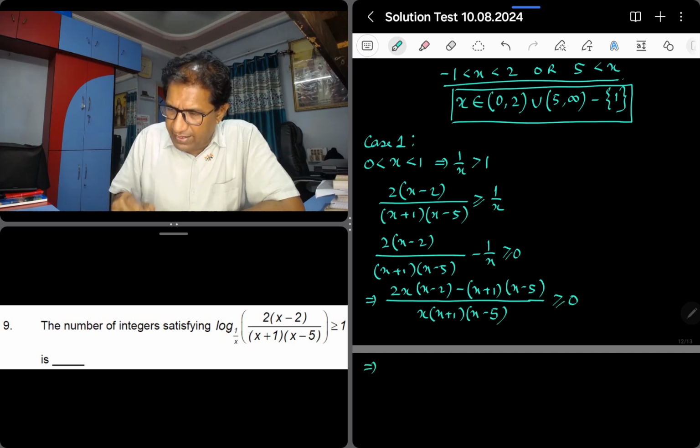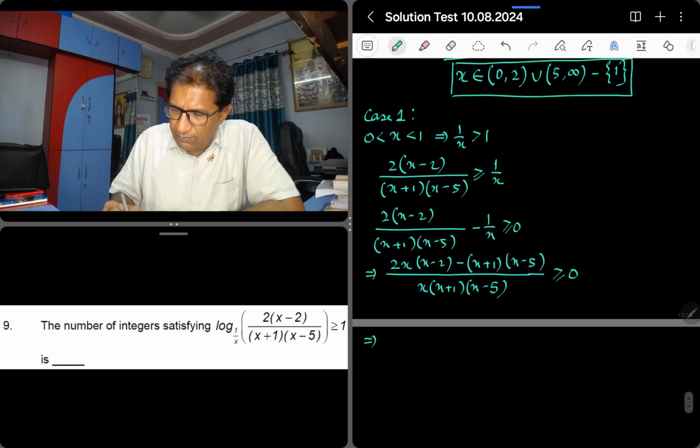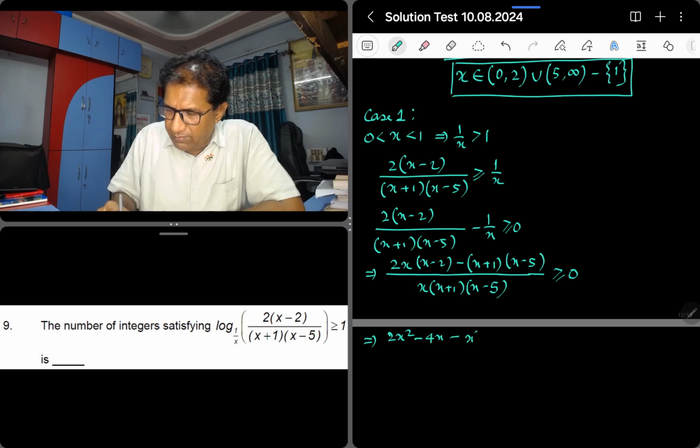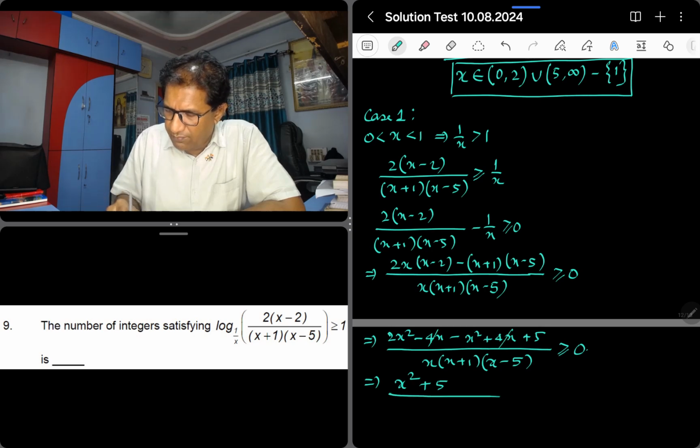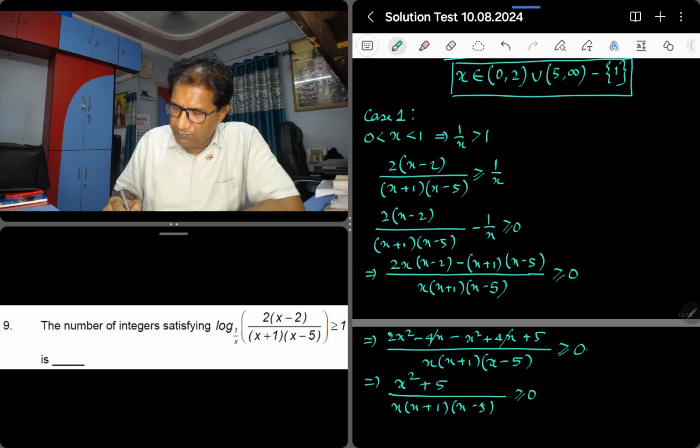So from here we can write 2x square minus 4x minus x square plus 4x plus 5. So in the numerator we have x square plus 5 because 4x goes off. x into x plus 1 into x minus 5 is greater than or equal to 0.